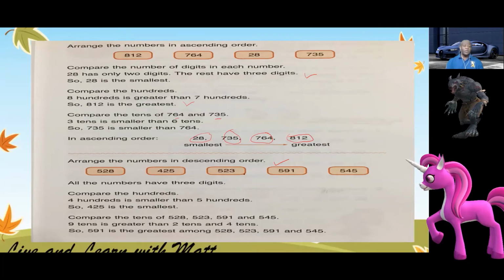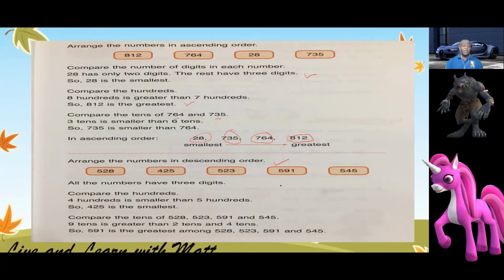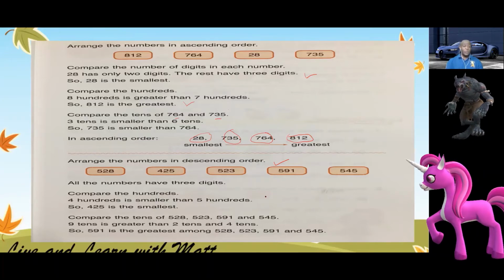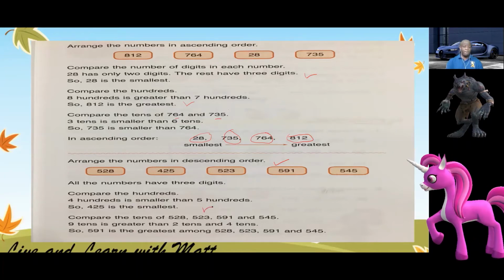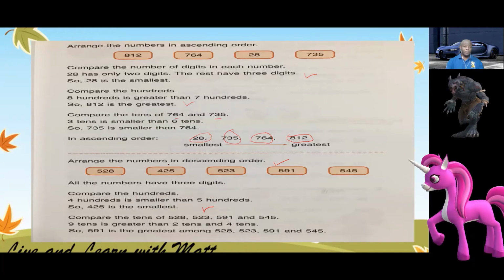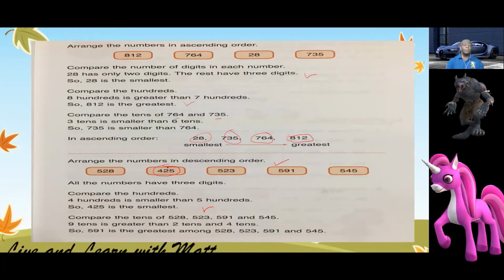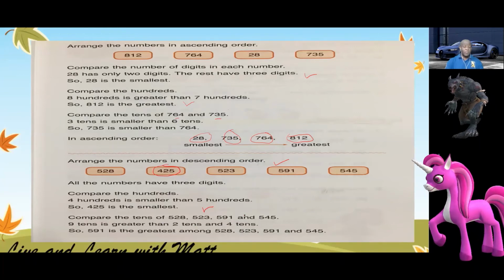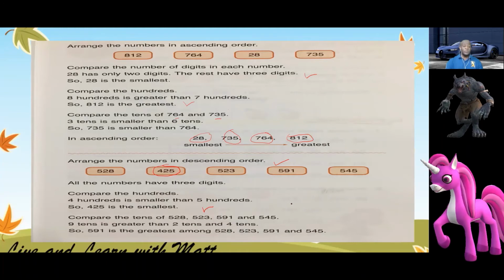So compare the hundreds. 400 is smaller than 500. So 425 is the smallest number.